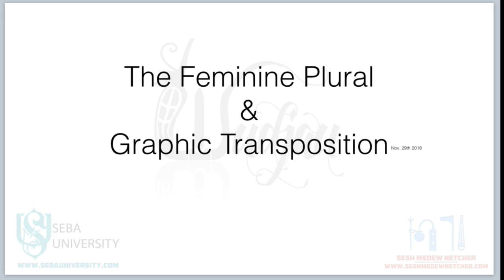Sesh Medu Necher is the name of the writing system that people call hieroglyphs or hieroglyphic, and Rani Kemet is the name of the spoken language. The actual word Rani Kemet breaks down as Ra, which is mouth, and Ni Kemet is of Kemet. So it's literally the mouth of Kemet, but it's used as an idiom for language, that which comes forth from the mouth.